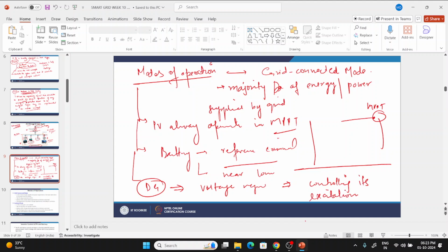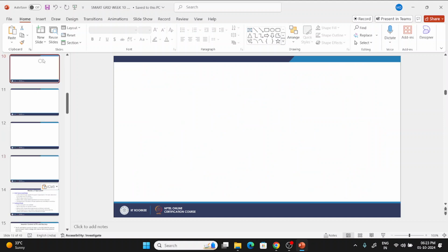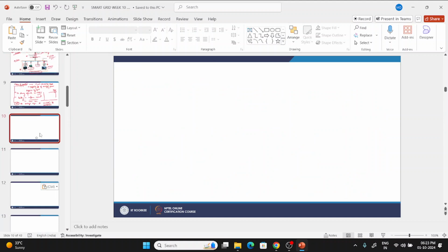Now another mode of operation is the isolated mode, or we can say the islanded mode of operation.